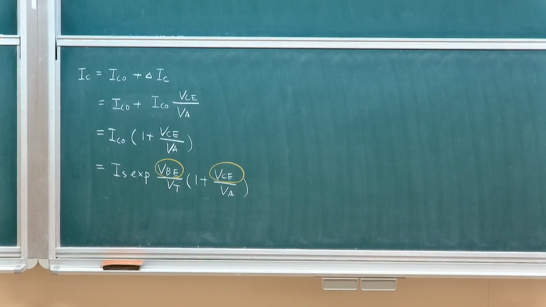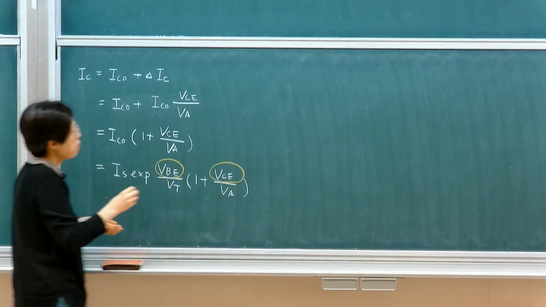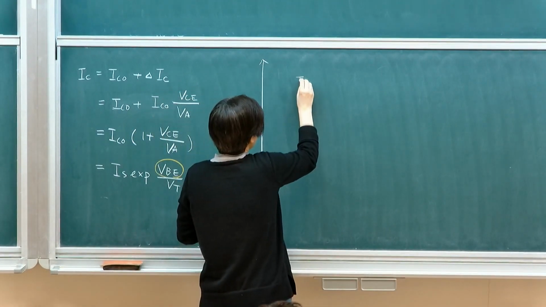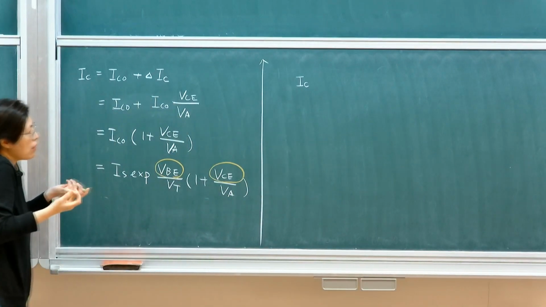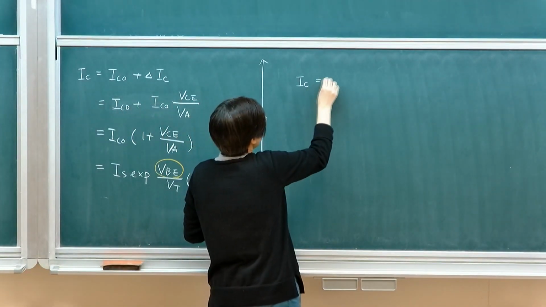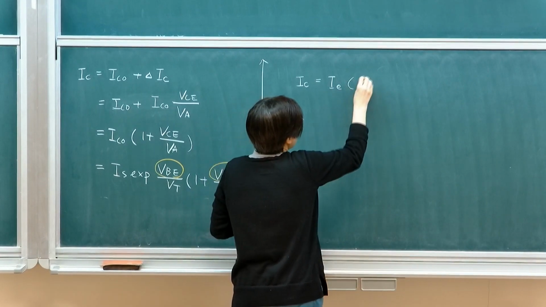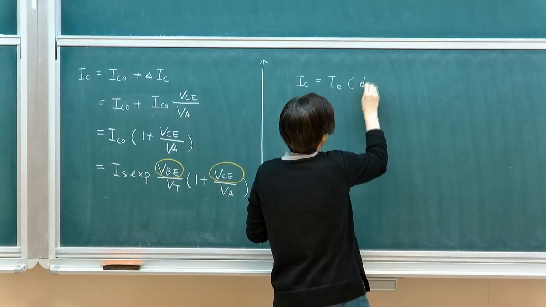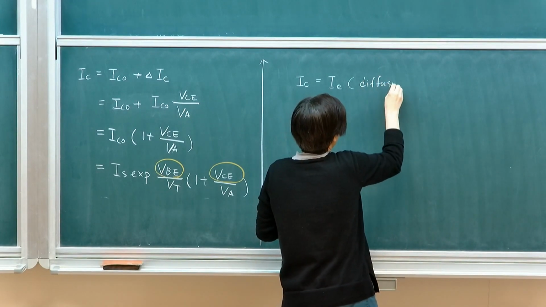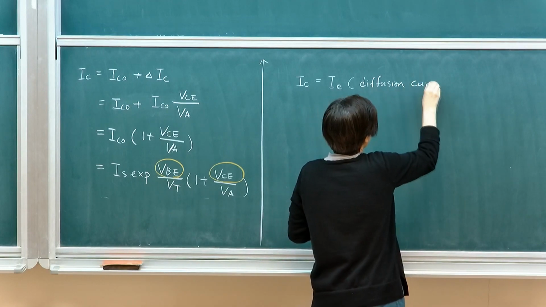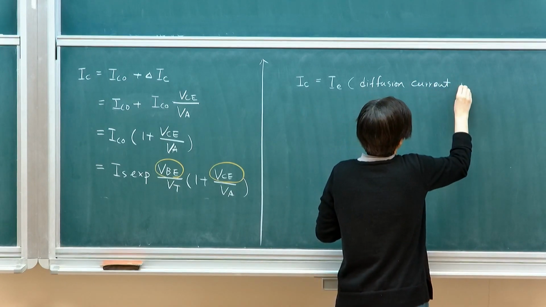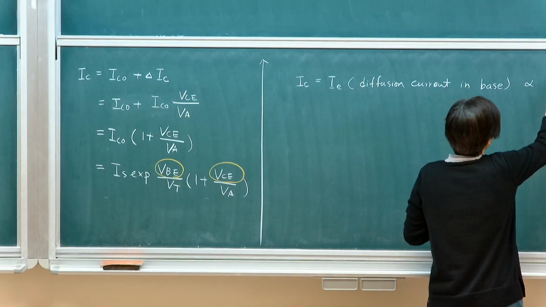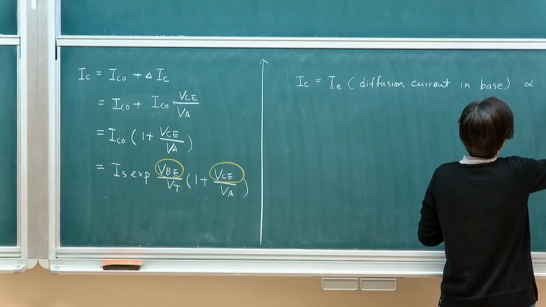So you start by asking yourself, the reason we assume it's flat is because if you go back to the physics, the IC is the emitter current diffusion. Did I make a mistake somewhere? No? It's the diffusion current in the base. Okay, so it's supposed to be proportional to dn/dx, the rest.